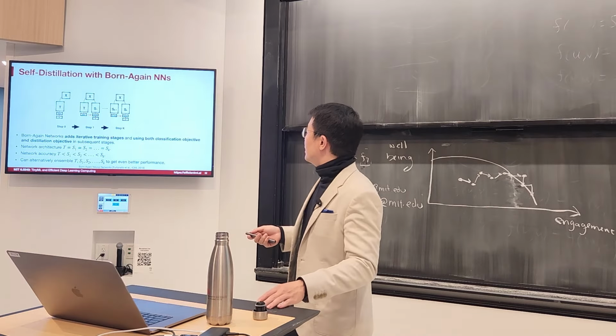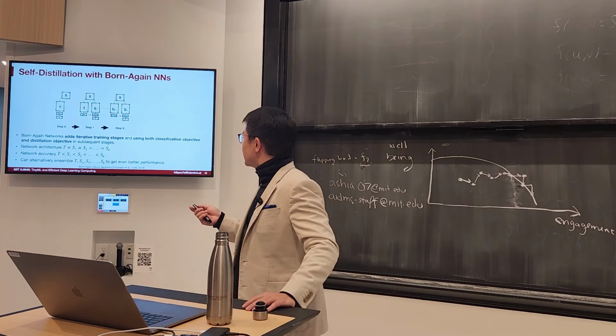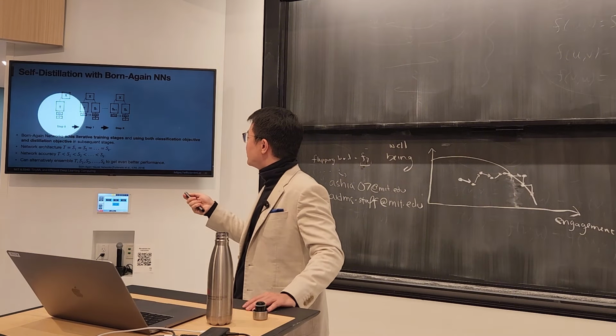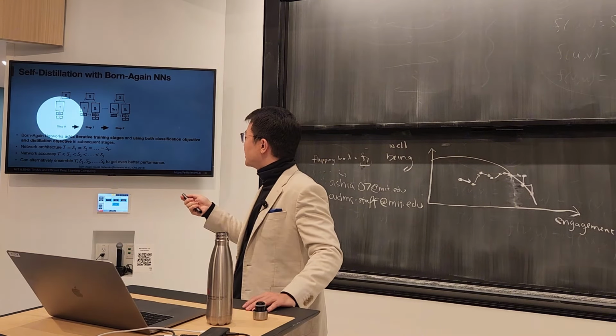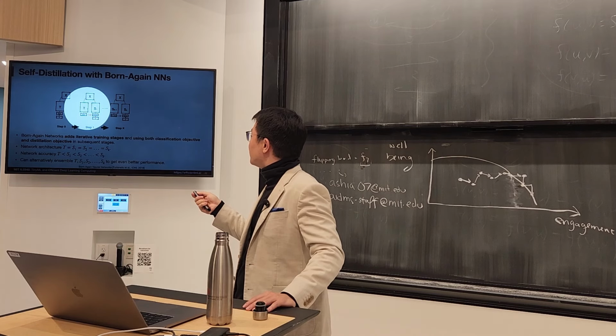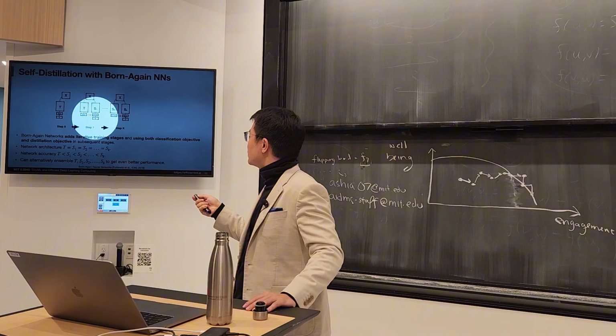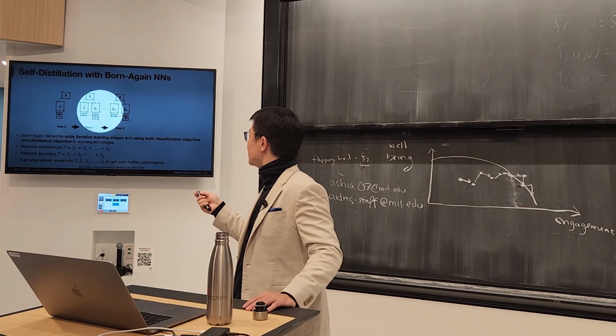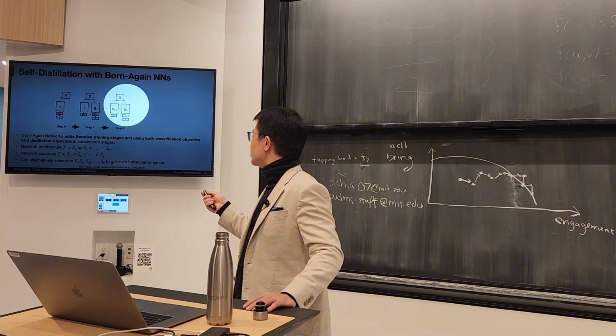We first train step 0 using only the classification cross entropy loss to train the teacher. In the second step, we use the cross entropy loss to train the student, and also try to match the logits from the teacher of the previous step versus the student of the next step, and so on.